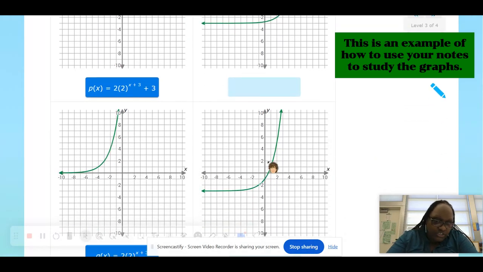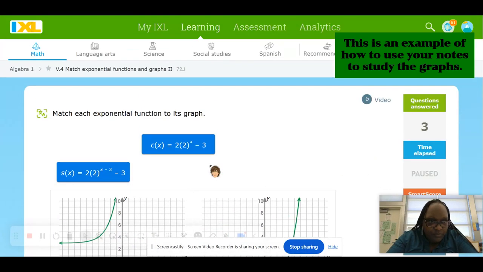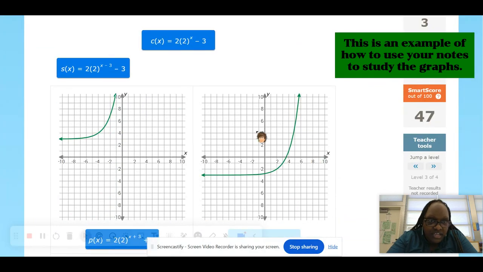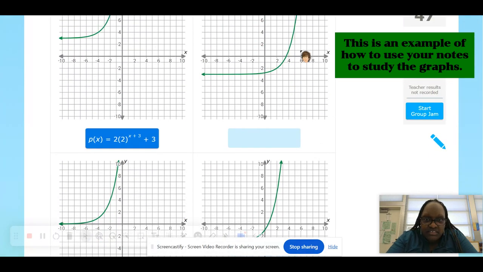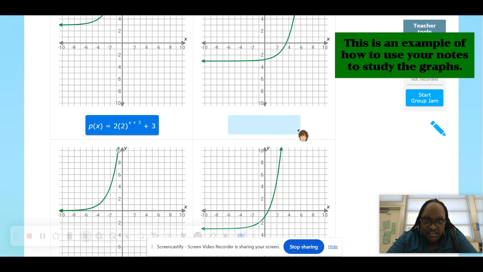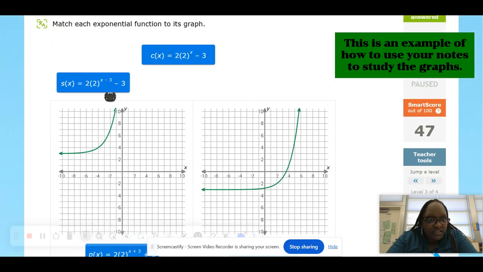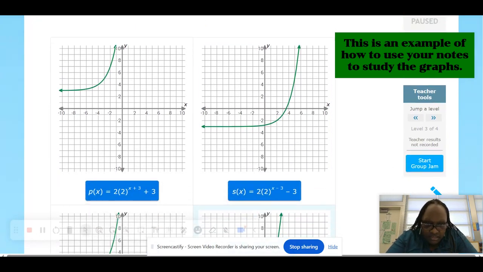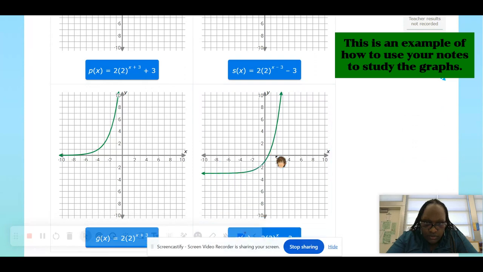So it's like which one is shifted? And when we think about the horizontal shift, remember, positive is left, negative is right. So now going back here, positive left, negative right. So this is negative, so negative means right. So which one of these looks like it was shifted right? And I think it's pretty clear that this one looks like it's more to the right. So then I'm going to go with this one being here. And then there's only one option left. So we're going to go with this one.